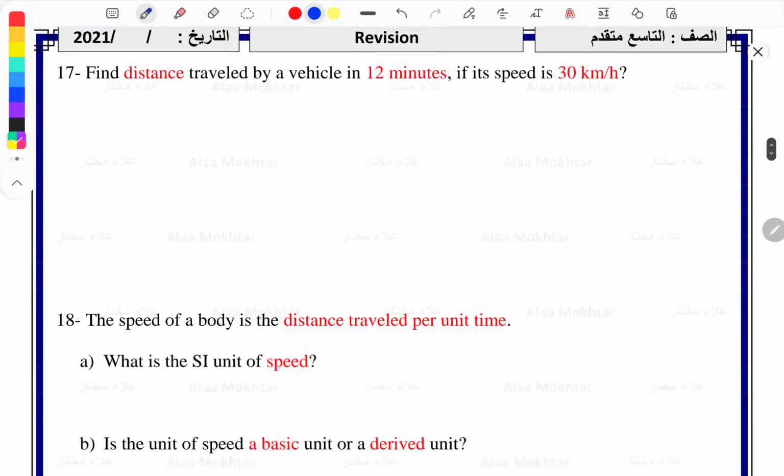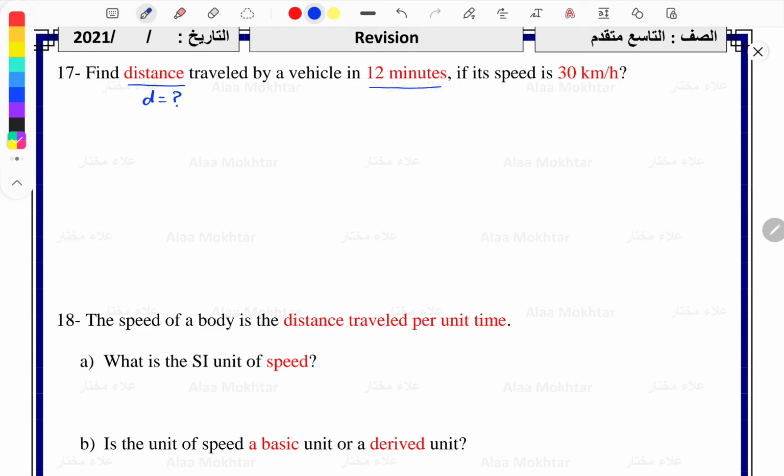Question number 17. Find the distance traveled by a vehicle in 12 minutes if its speed is 30 kilometers per hour. He asked about distance. The distance is D, question mark.